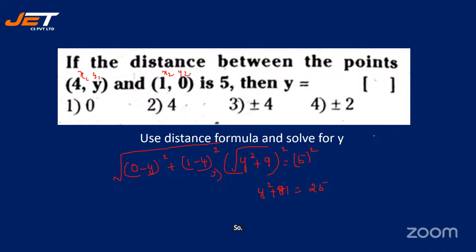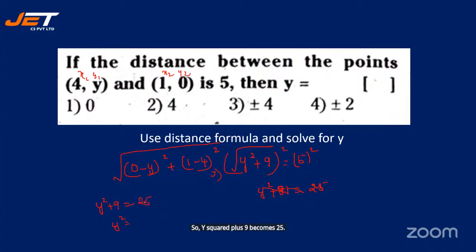So what do you get finally? y square plus 9 under the root, and the 9 is also under the root, isn't it? Yes. So y square plus 9 becomes 25.